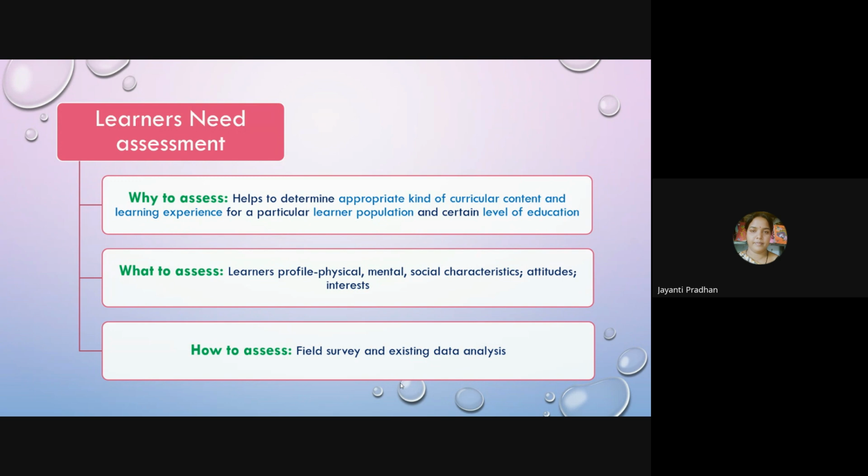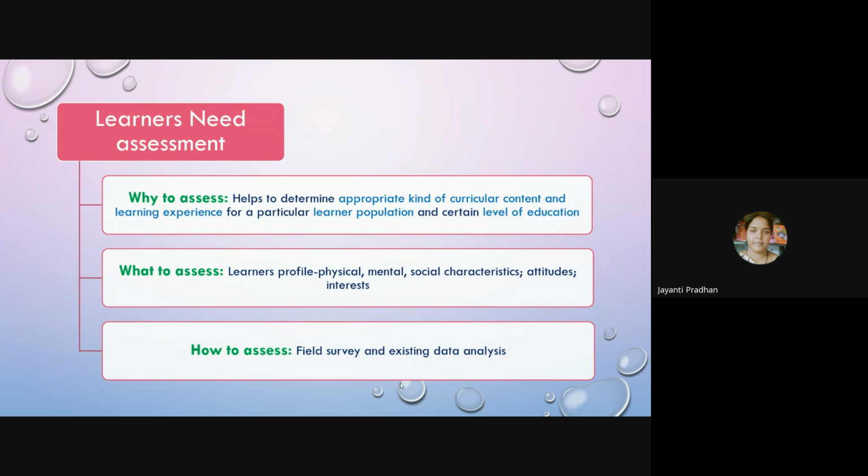Because in NEP, and before that also in the 1986 policy, emphasis is given on holistic development or all-round development. But again, NEP 2020 focuses on holistic development that includes five domains.